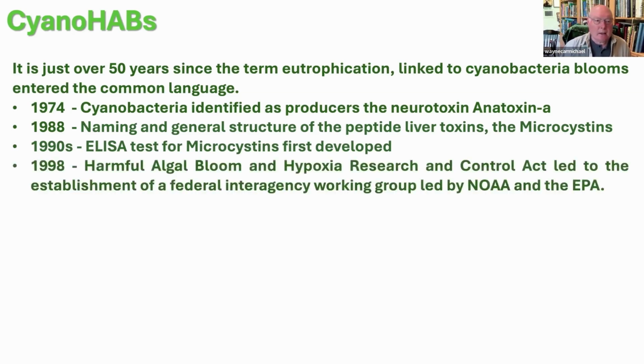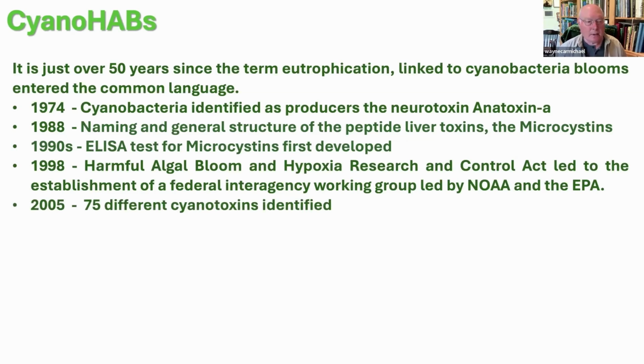In 1998, the Harmful Algal Bloom and Hypoxia Research and Control Act led to the establishment of a federal interagency working group led by NOAA and the US EPA. By 2005, we had about 75 different cyanotoxins identified structurally.